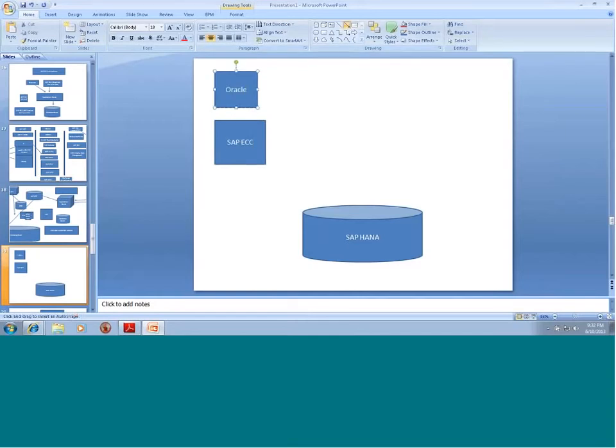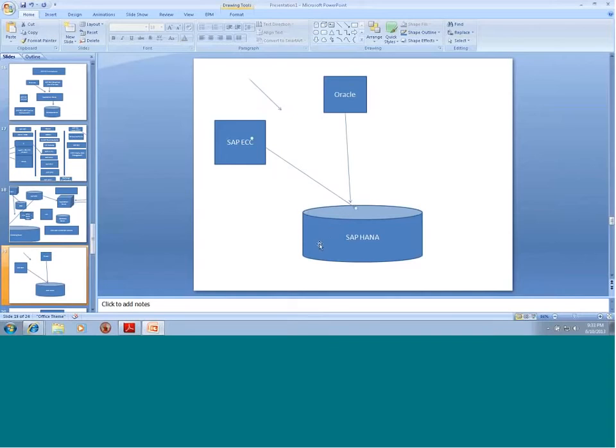So it can bring in data from these systems into SAP HANA. There are various ways by which I can bring data here. But if you're directly doing this, you can directly do a SAP HANA training.